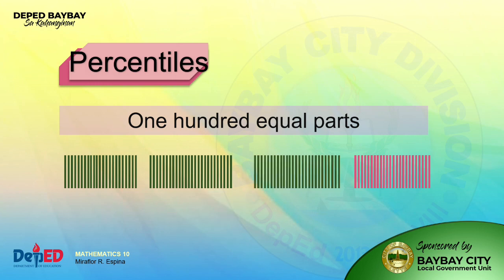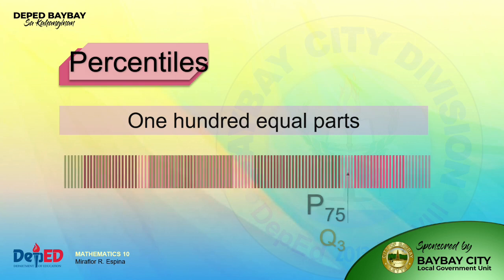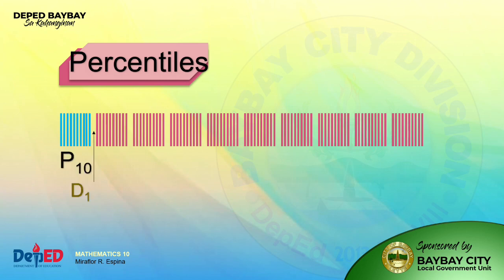The P sub 75 is equal to the third quartile. The P sub 10 is equal to the first decile, while the P sub 20 is equal to the second decile. The P sub 30 is equal to the third decile, and so on.